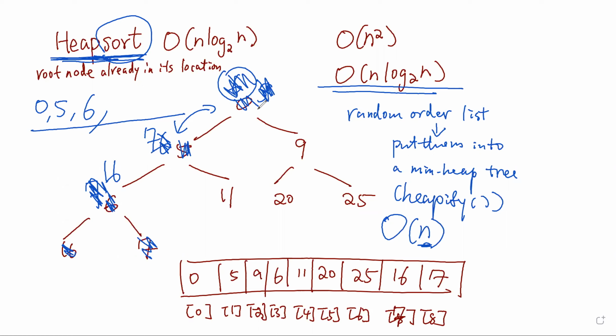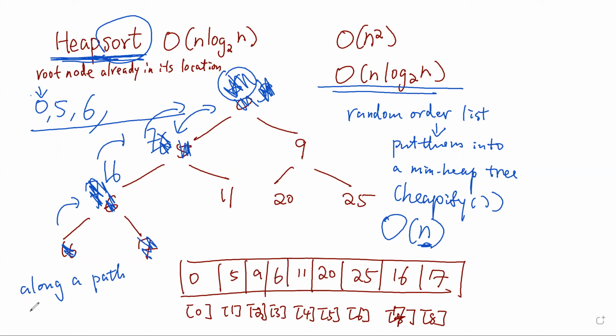After you build the tree, you remove item by item. After you remove an item, you need to bring some number from the bottom to the top. So it involves moving along your tree height, along a path.